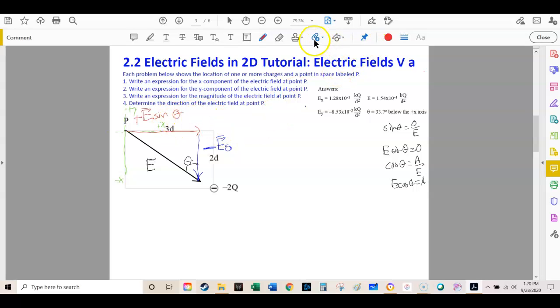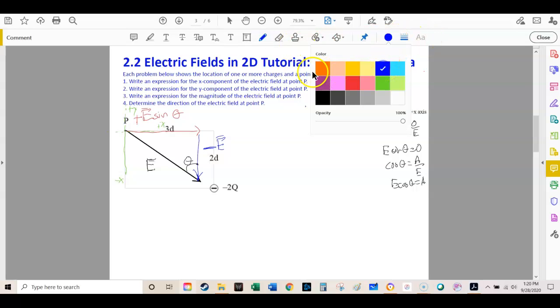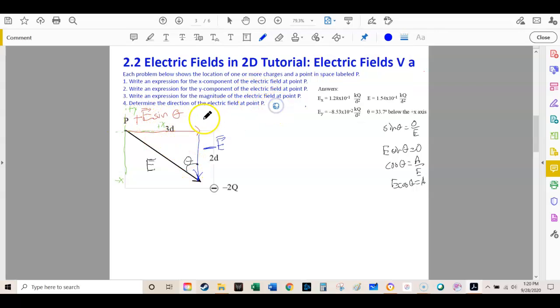So if you were confused by that, you were right to be confused. I made a mistake. So the side opposite the angle theta is going to be E sine of theta, and the blue arrow is adjacent to the angle theta. This side is pointed down, so it's pointing in the negative y direction. That's why the negative is in front, and this will be cosine of theta.